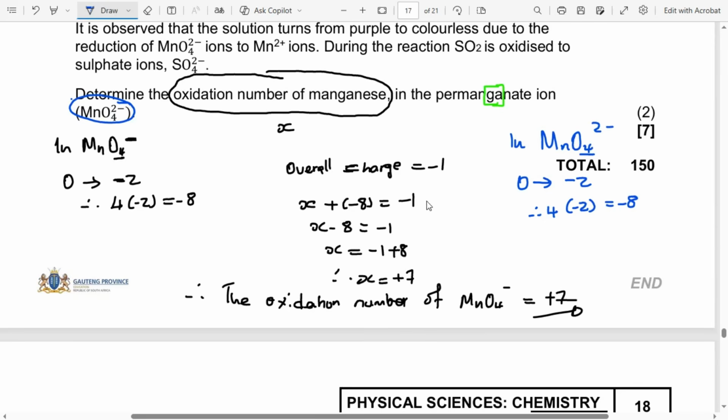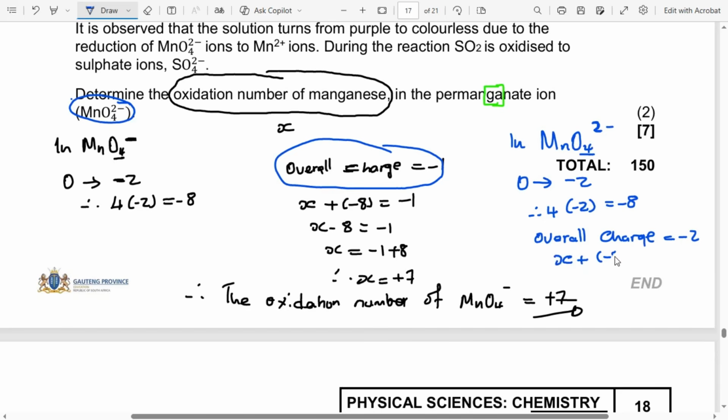Then the overall charge for that one won't be minus 1. Remember, the ion is 2 minus, so the overall charge is just minus 2. Remember we let the oxidation number of manganese be X. When we take X and add it to minus 8, we should get minus 2.